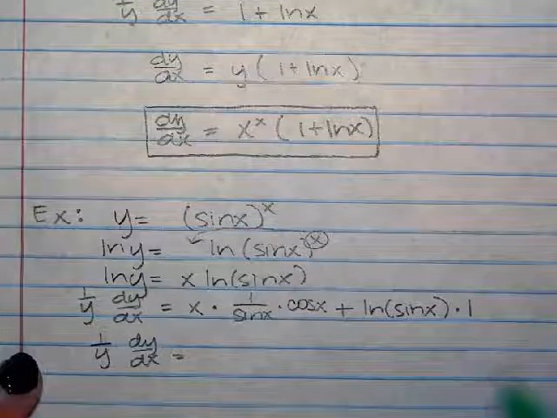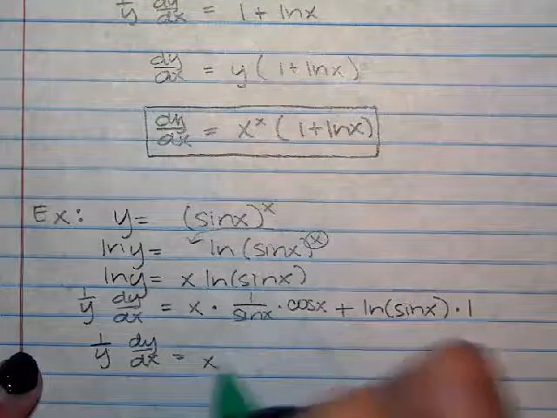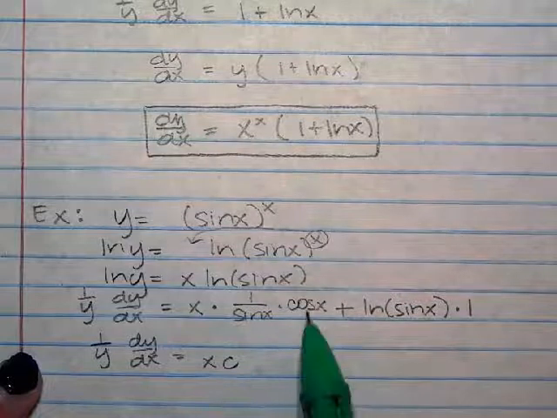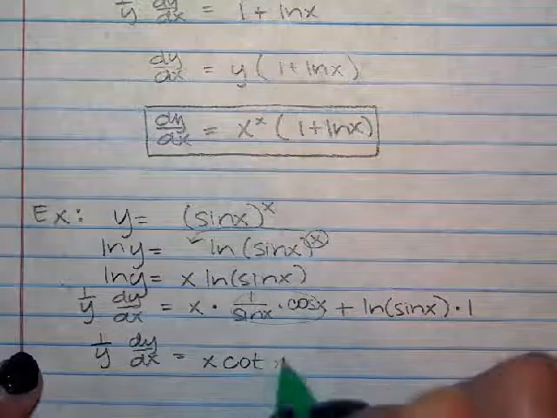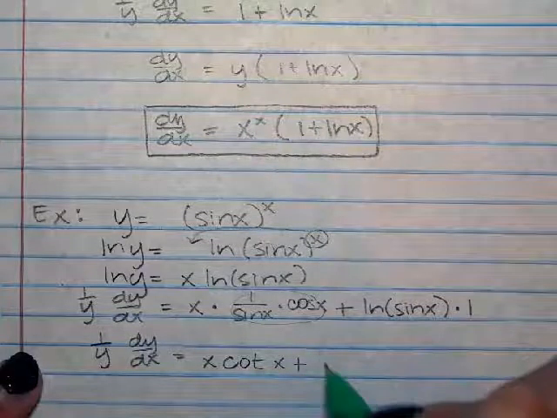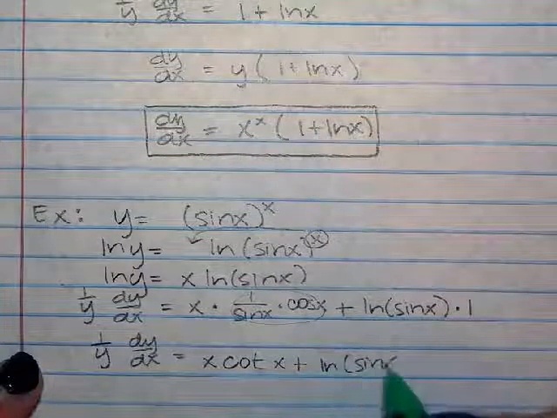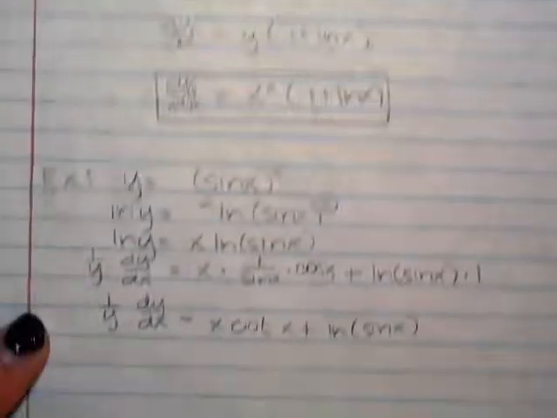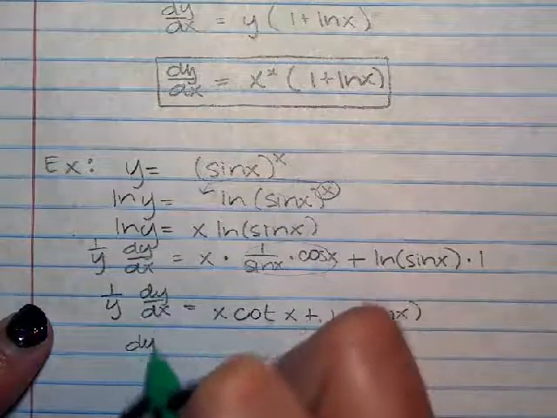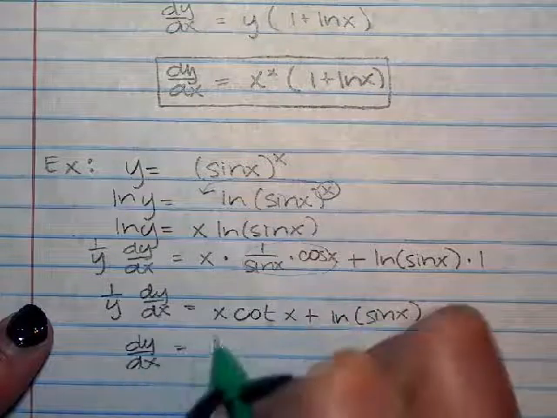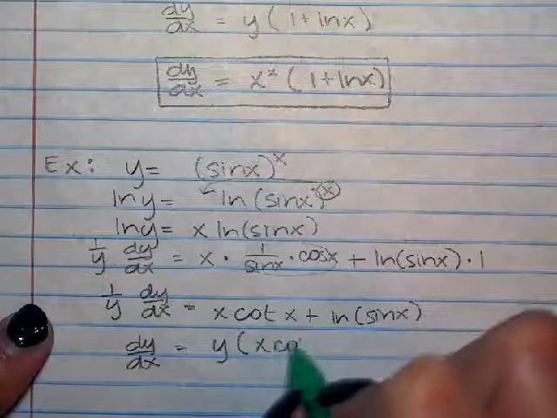Cotangent. So x cotangent x plus ln of sine x. Okay. Multiply your y over. Yep.